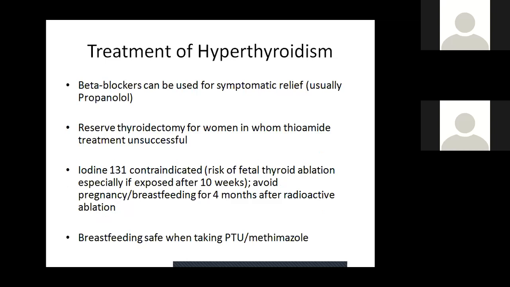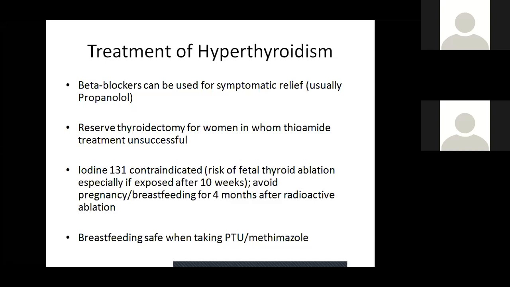The other third line treatment is radioactive thyroid ablation with iodine 131, but it is contraindicated during pregnancy because it can lead to fetal thyroid ablation also. If the patient is taking some medication, we will continue with the medication, and if the patient requires radioactive ablation, we will go after delivery.